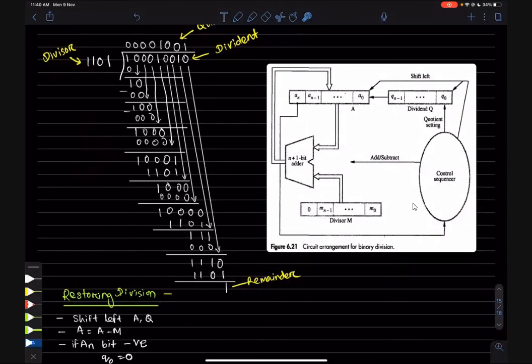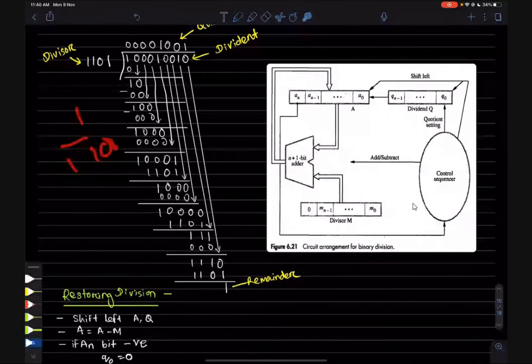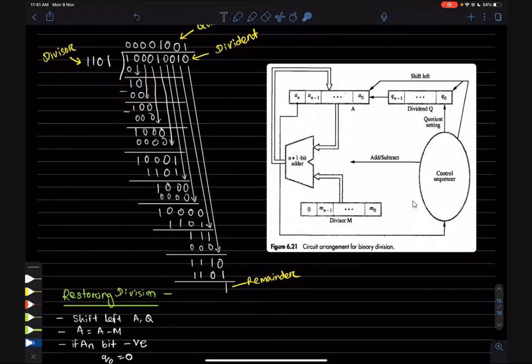The output will be a negative value, and we cannot store a negative value here. So if it is a negative value, we have to write 1 minus 0. Understood? That is our logic.